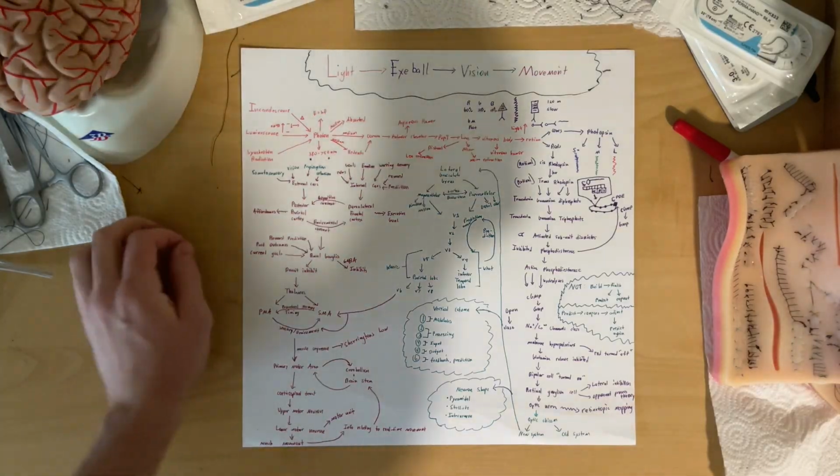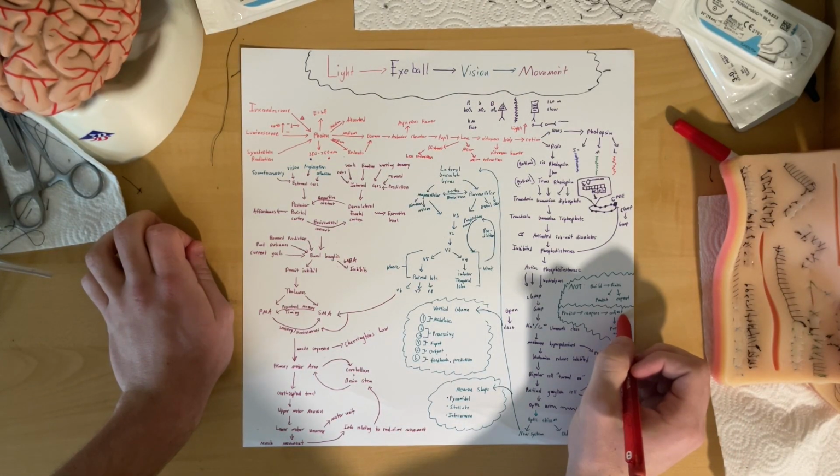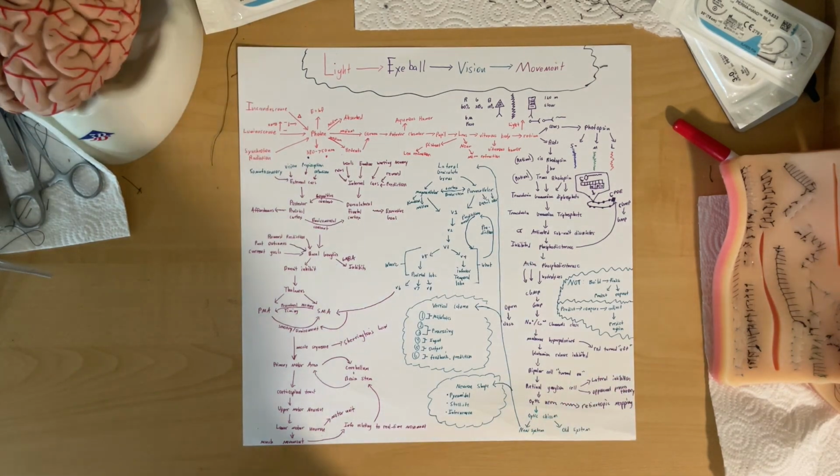The higher areas adjust their predictions to create a more accurate prediction, and then they just make another prediction.